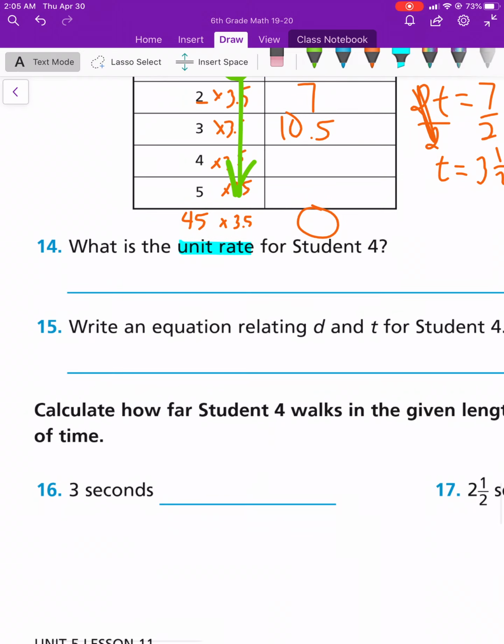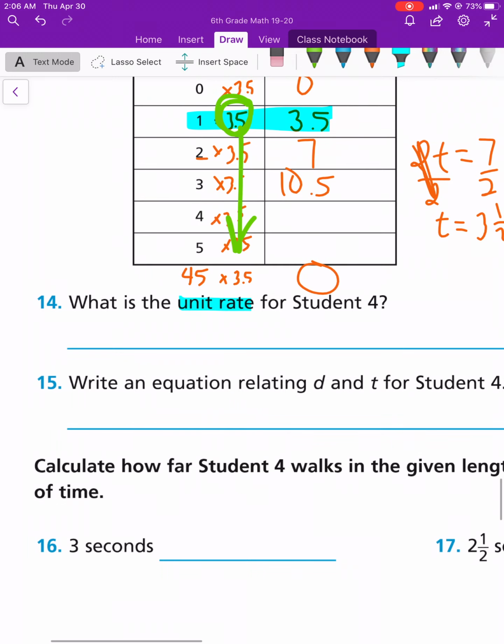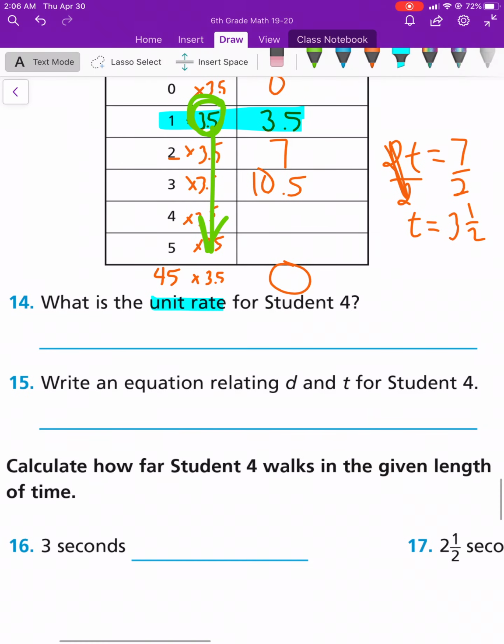So my unit rate is for every 1 second, that's how many feet are traveled. So I'm just going to put 3.5 feet. Or you could do it in fraction and you could say 3 1/2 feet.